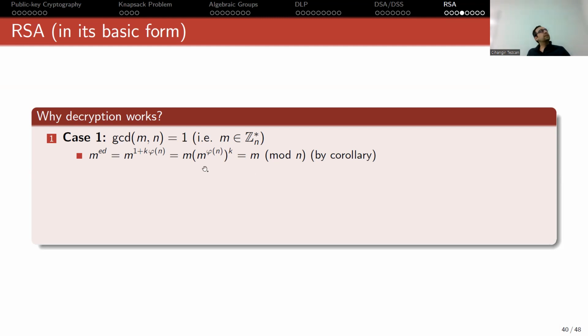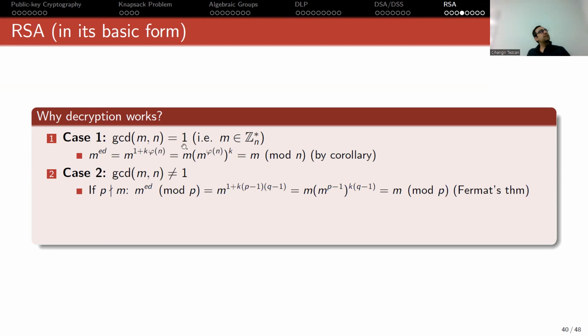So what happens in the second case, where the greatest common divisor of m and n is not 1? For instance, the message you send me, you are so lucky that you chose m equal to q, one of my secret prime numbers. Let's look at the scenario where p does not divide m.